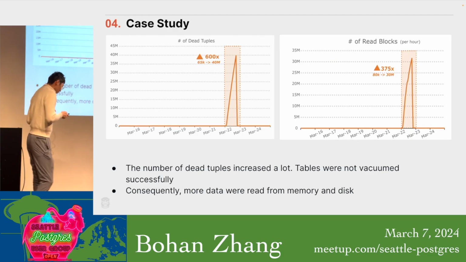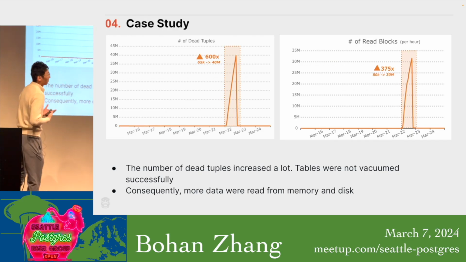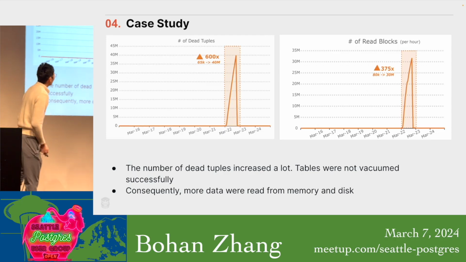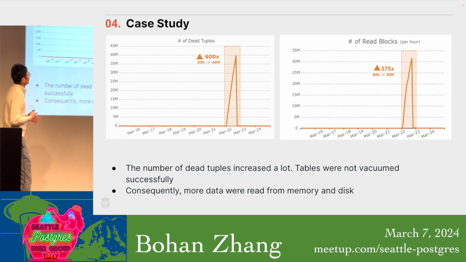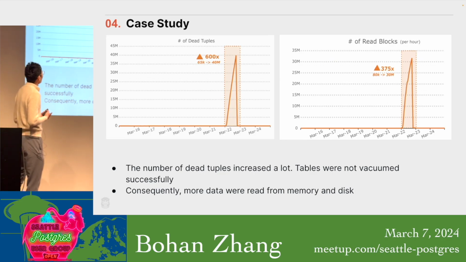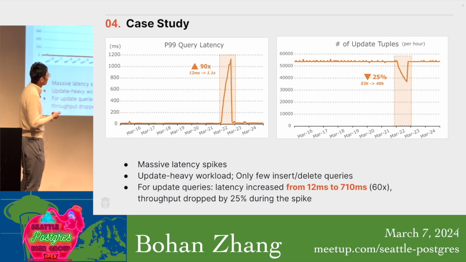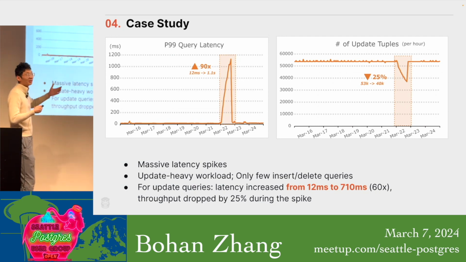Then we looked into their number of dead tuples. We saw the number of dead tuples increased a lot, from 65,000 to 40 million. That's a 600 times increase. However, the number of update queries is not changing at all.